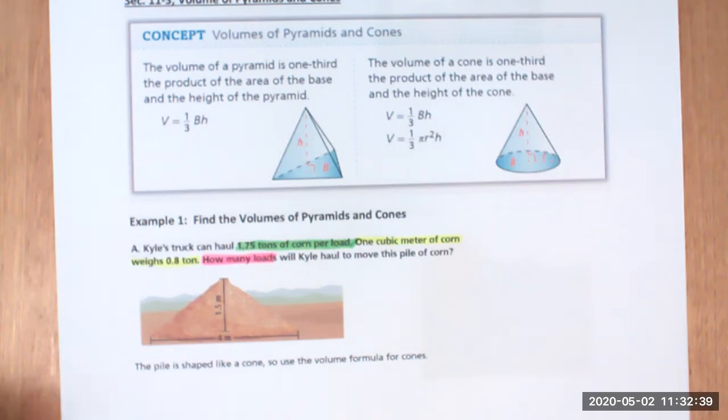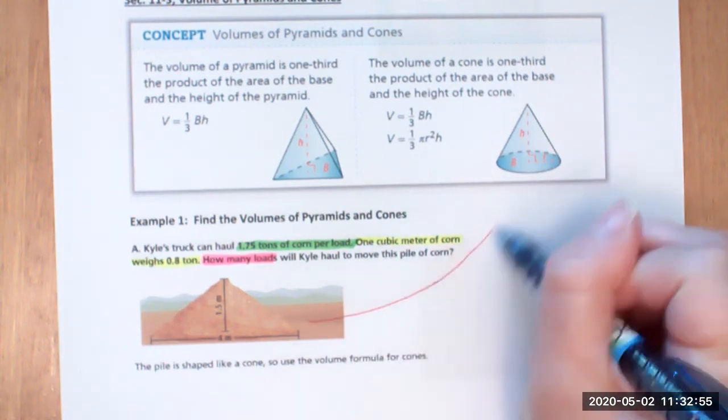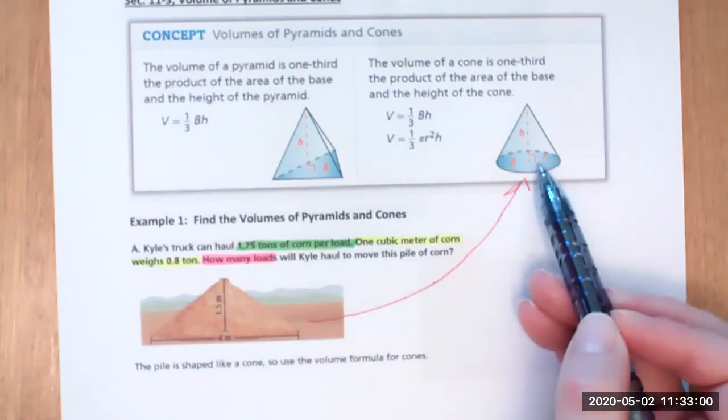Now, the information we're given includes the diameter of the base, 4 meters. If I draw here, the shape is that of a cone, right?